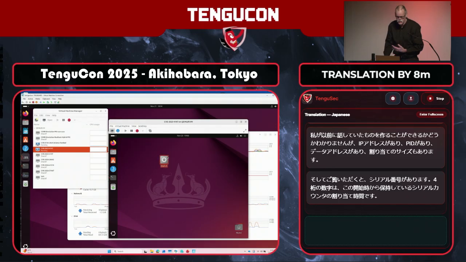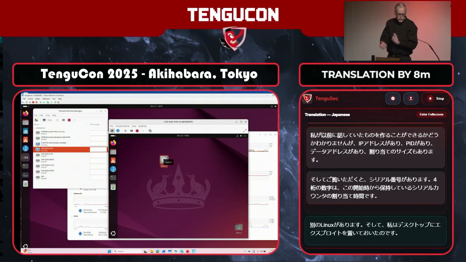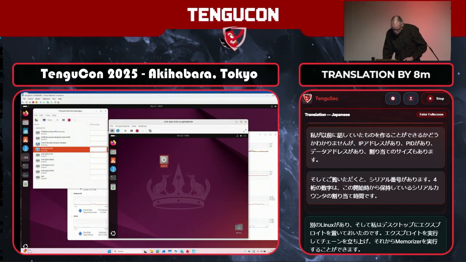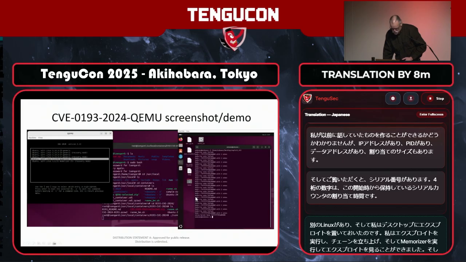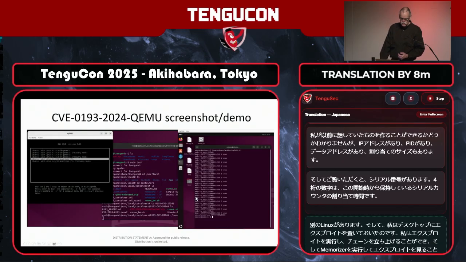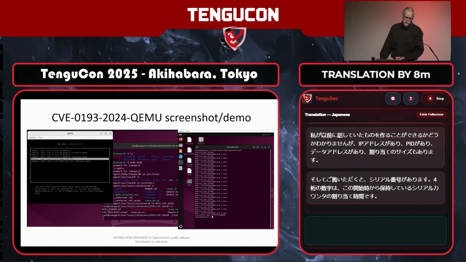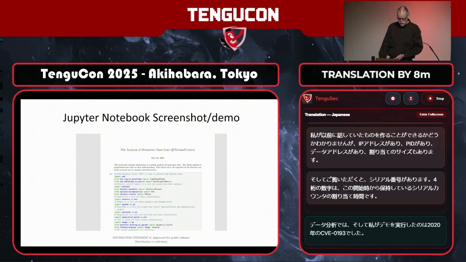I can run the exploit and get the chain up, then run Memorizer and see the exploit. And then that looks like this in data analysis. The demo I ran was CVE-2024-0193.